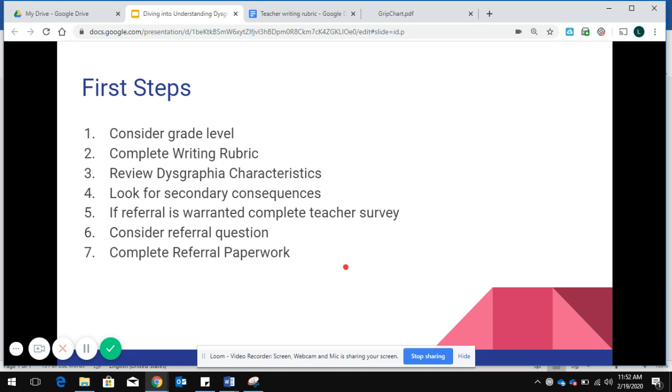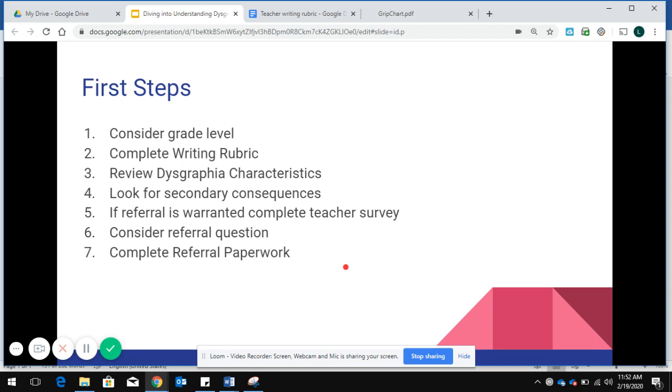So second step, after you consider the grade level and you have decided that you want to know more about those characteristics, and you want to know if this will possibly turn into a referral, I encourage you to complete the writing rubric. That writing rubric has all the characteristics and gives us qualitative information regarding what we're looking for when we're suspecting dysgraphia.